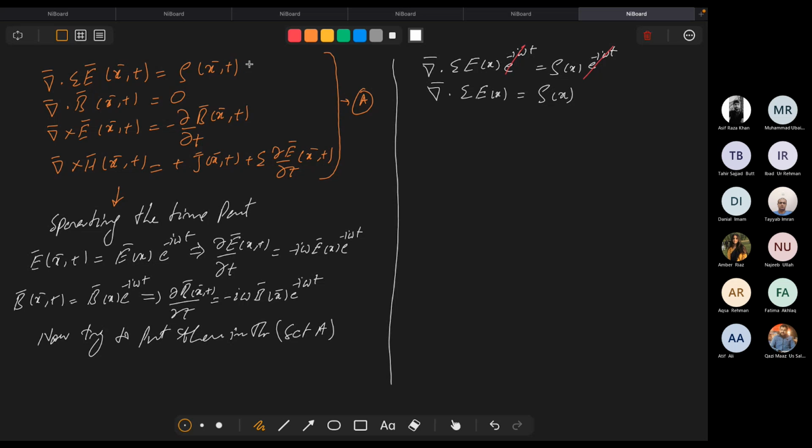The equation we did with this one, and similarly if we put it in here, that would be like this, equal to 0.